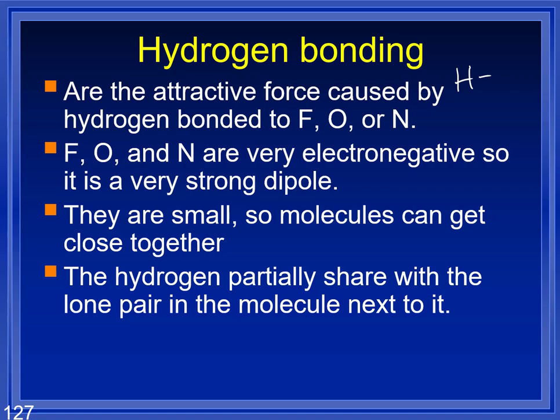That if I have hydrogen hooked to oxygen, whatever else that oxygen is hooked to, there's going to be a lone pair on that oxygen that a hydrogen from another atom can come up close to. So it's the hydrogen on this atom being attracted to the lone pair on that atom. Hydrogen in this molecule is attracted to the oxygen in the other molecule. And vice versa. This hydrogen would be attracted to that oxygen.